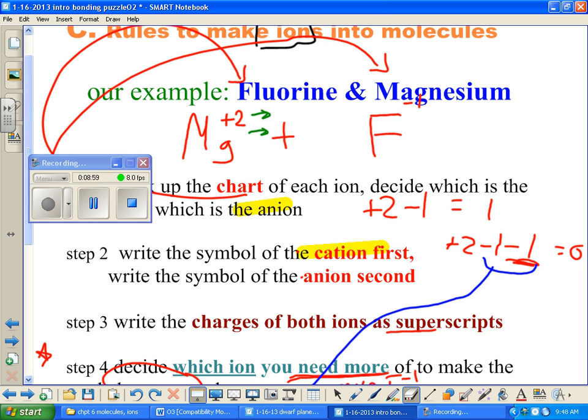And what can this 1 fluorine, how many can it take? 1. It can only take 1 of the electrons. But I have a second electron I've got to get rid of. So if I had a second fluorine, he could take the second electron. That's what's really going on.